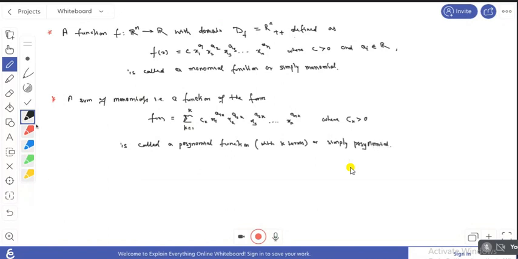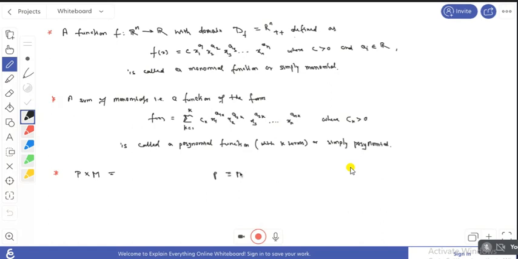One main property of monomials and polynomials concerns products.